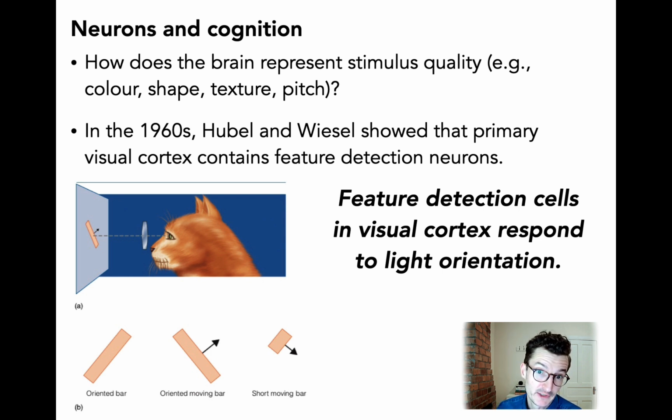And again, the idea here is that they're recording from a group of neurons in primary visual cortex of a cat. And the group of neurons that they're recording from seems to like a bar of light at about a 45-degree angle to the horizontal. Now you're going to hear a popping sound, and that popping sound reflects the firing of neurons. So the more popping, the more the neurons are firing.